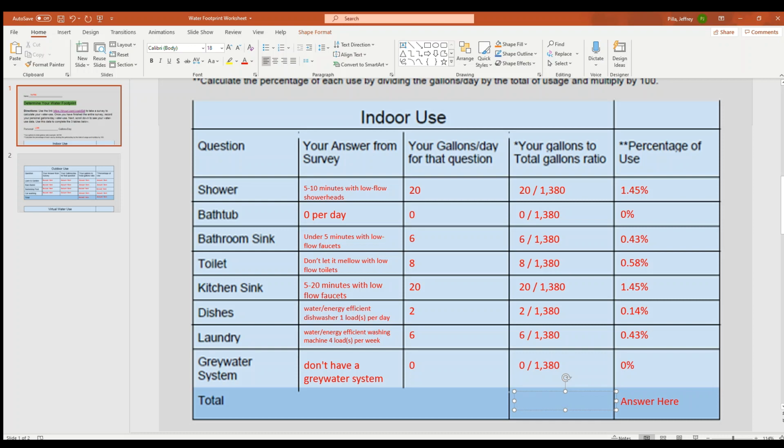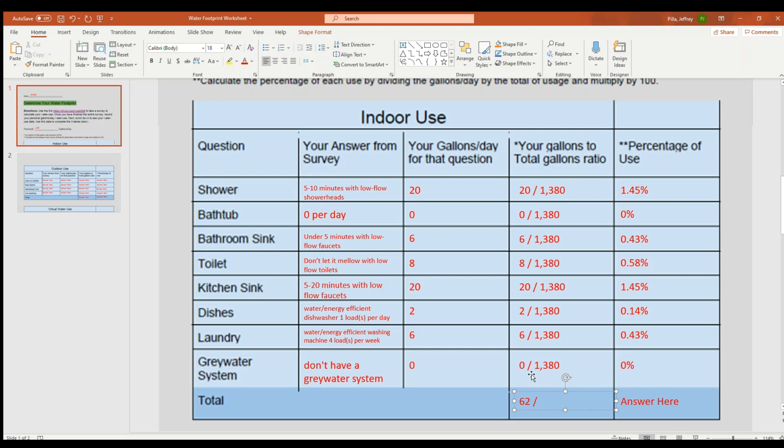Again, your numbers are probably going to be different. Let's add up my numbers. I got 20 plus 0 is 20, plus 6 is 26, plus 8 is 34, plus 20 is 54, plus 2 is 56, plus 6 is 62, plus 0 is 62. So we get 62 gallons. What this 62 represents is my total indoor water use per day, okay?